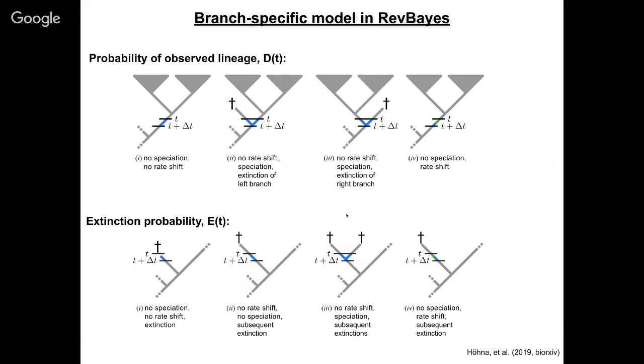That was scenario 2. In scenario 3, we say there could have been a speciation event, and then both lineages go extinct. Or it could have been scenario 4, where there was a rate shift event on that lineage, and then the lineage went extinct under these new speciation and extinction rates.